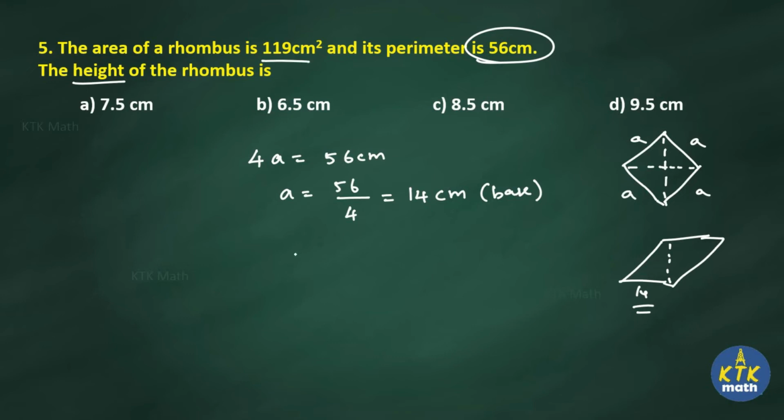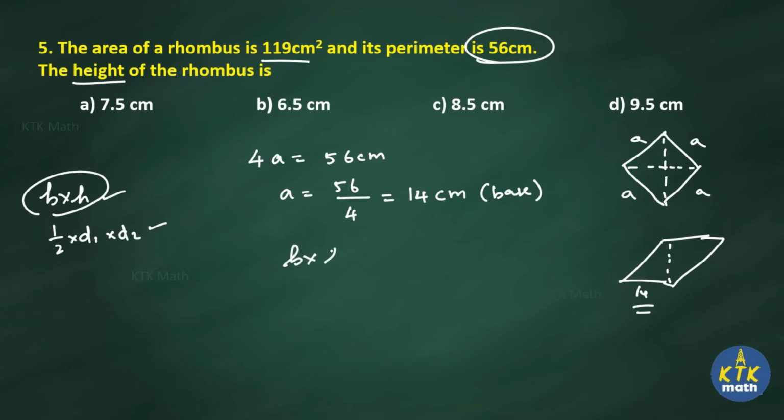So what formula am I going to use? For a rhombus, you have two kinds of formulas. One is B into H, the same as we used for a parallelogram. When diagonals are given, we use half into diagonal 1 into diagonal 2. Since this question is based on height, we need to use the first formula.